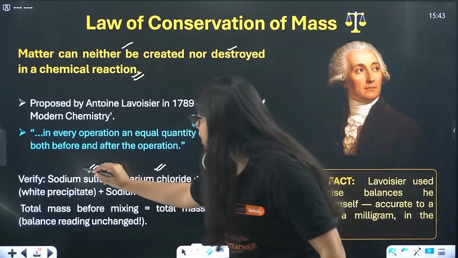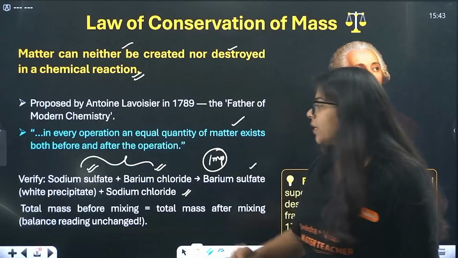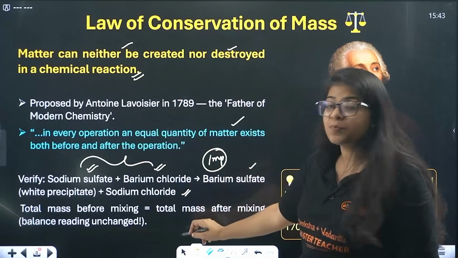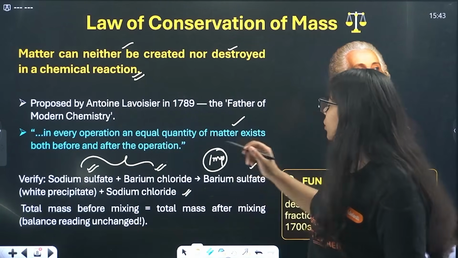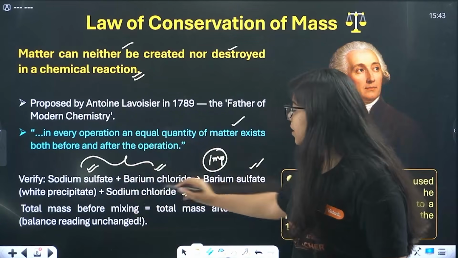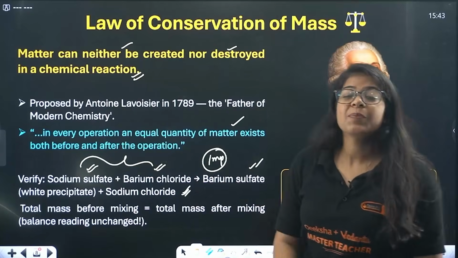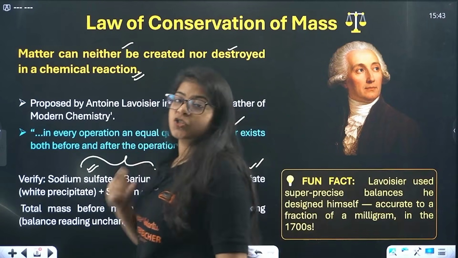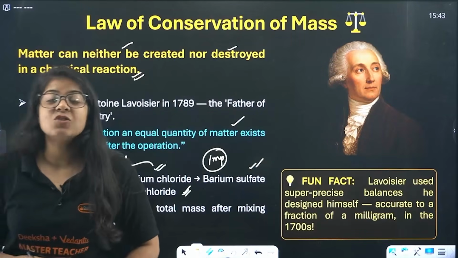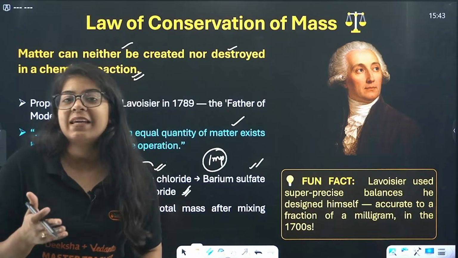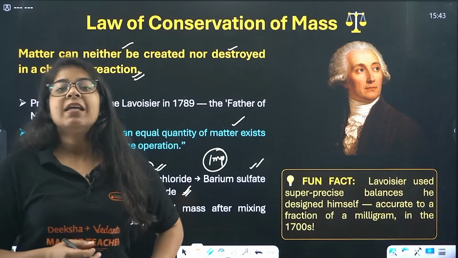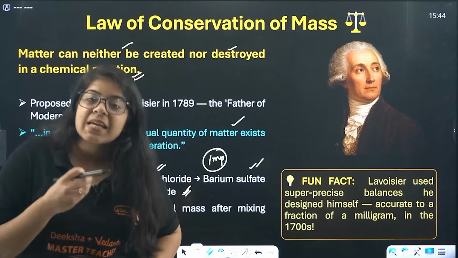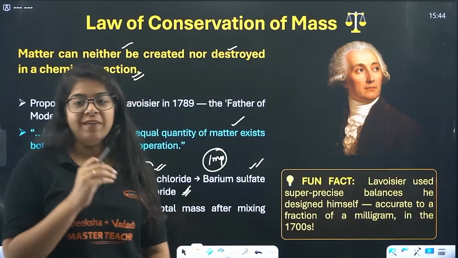So total mass of sodium sulfate plus barium chloride will be equal to the total mass of barium sulfate plus sodium chloride, because mass remains unchanged. And that's why we do balancing in chemical reactions as well.